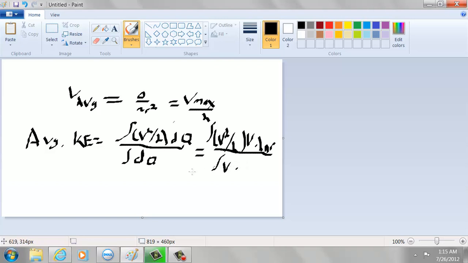And the integral of dq is q. So this is going to become q is equal to velocity times the area, or times the circumference rather. Velocity times the circumference. So it's the integral of v multiplied by 2 pi r, which is the same as q.